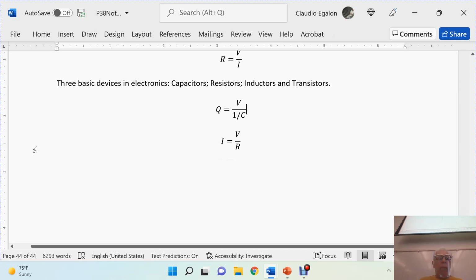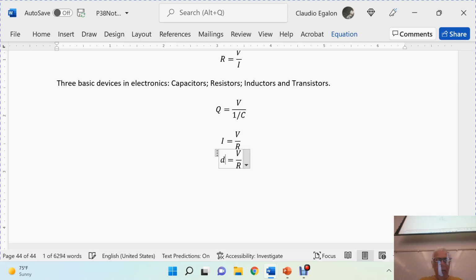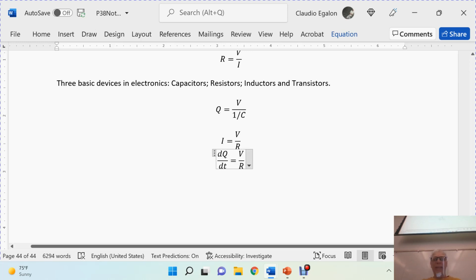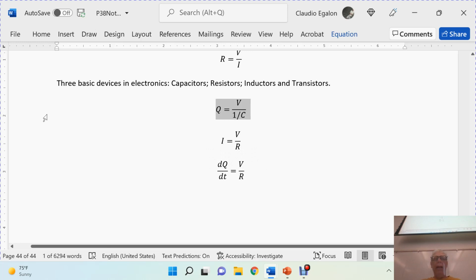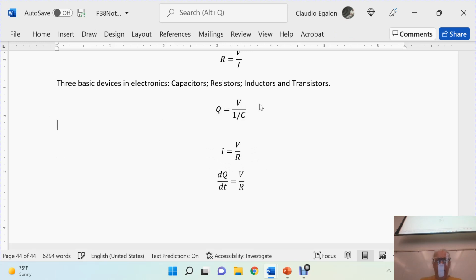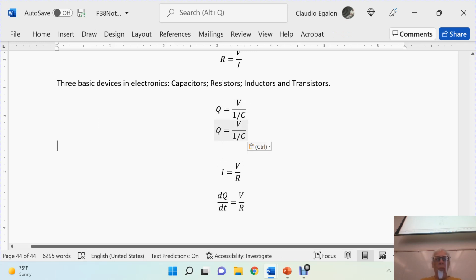Okay? What I'm going to write here, not as I, but I'm going to write that as dq dt. Okay? dq dt. And now, this one here for the capacitance, I'm going to write not as q, but I'm going to write as a derivative as well.